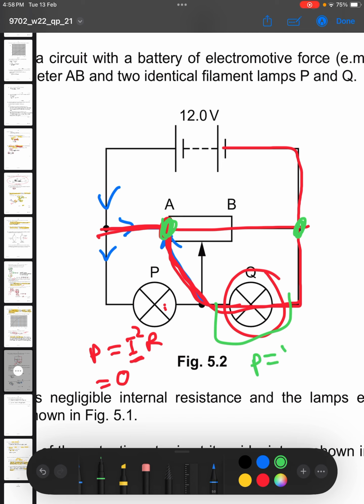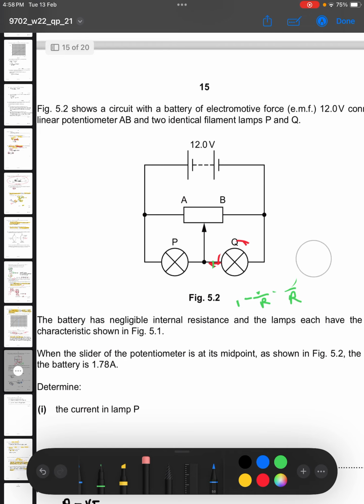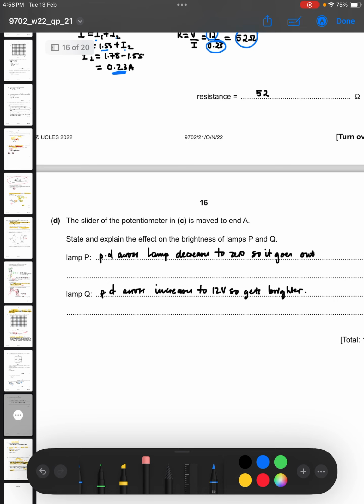So power across it is V squared over R, which is 12 squared over its resistance, when it used to be 6, meaning that the voltage across it is now increased, which means that it has now more power, so it becomes brighter, lamp Q, because of that. So it's important to understand that lamp Q becomes brighter because the PD across it is now 12, whereas the PD across the other one is now 0 because current is no longer preferring to go that pathway.